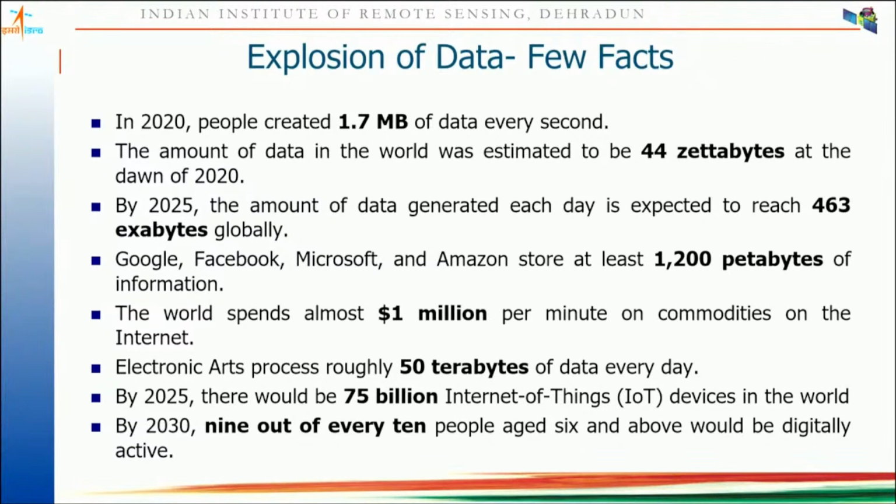You can think how much data they are going to create. These devices will include sensors, and sometimes these will be location-specific sensors as well. So a lot of data is available, and in the future we expect this data will be part of our own GIS domain. By 2030, we expect 9 out of every 10 people aged 6 and above to be digitally active. So this is the future of this huge amount of data repositories.